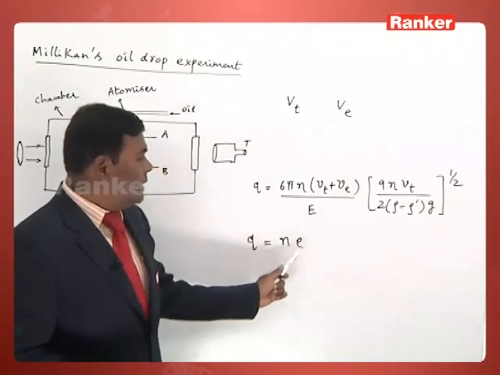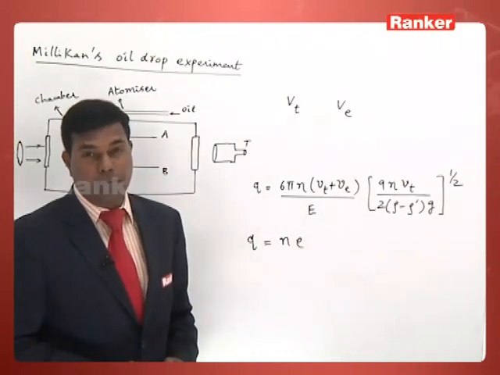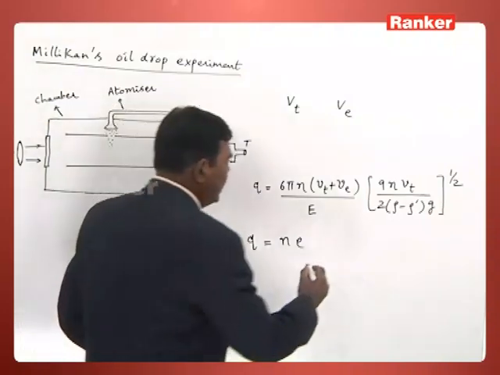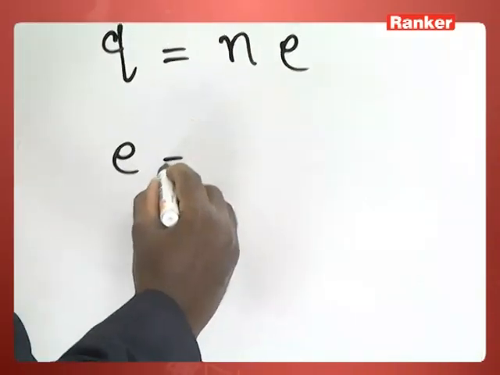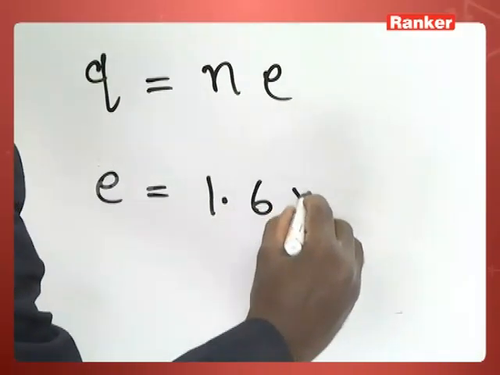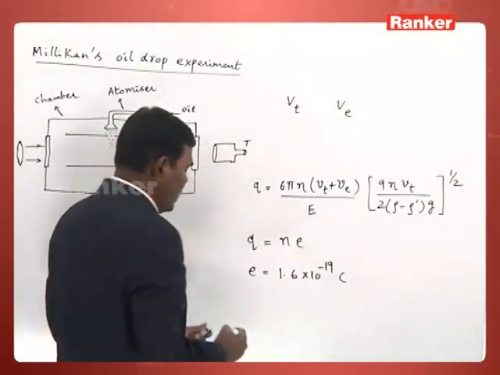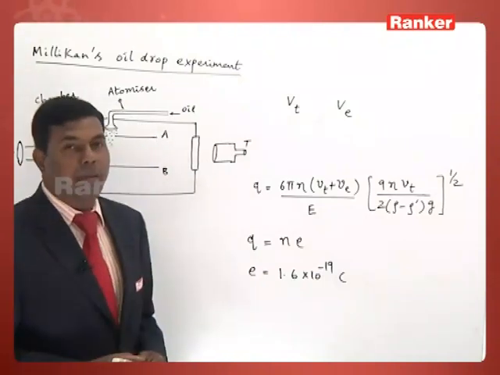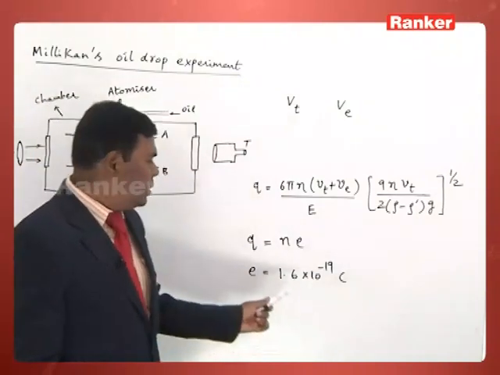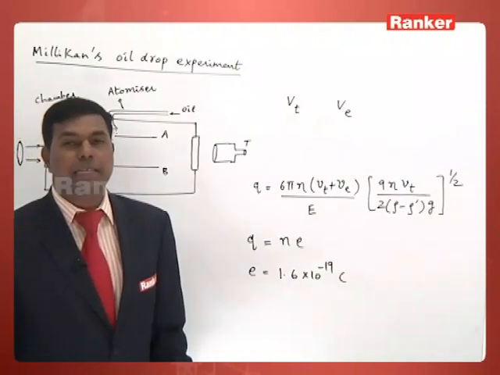This elementary charge is nothing but the charge of the electron. It was determined as the charge of electron equal to 1.6 into 10 power minus 19 coulomb. So, using this experiment we can determine the charge of electron as this much, 1.6 into 10 power minus 19 coulomb.